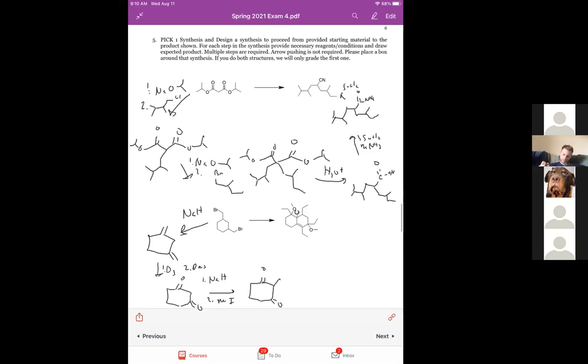We want to do some sort of Robinson annulation. We're going to want a bunch of extra carbons. So our normal Michael acceptor is here. We need 2 more carbons on this side and 2 more carbons on this side.